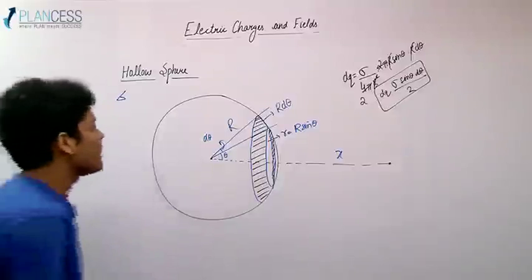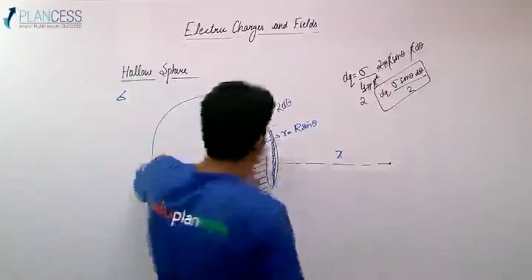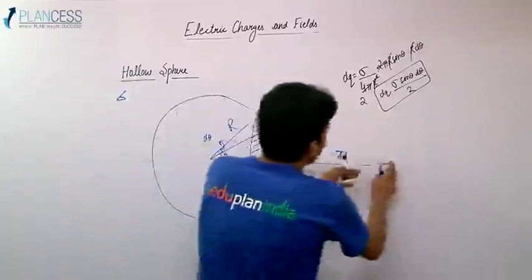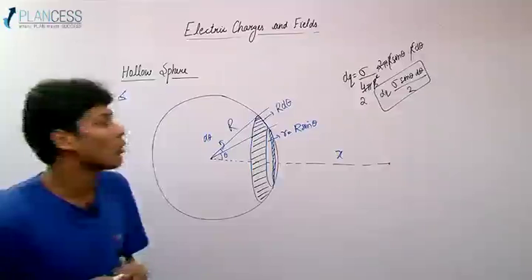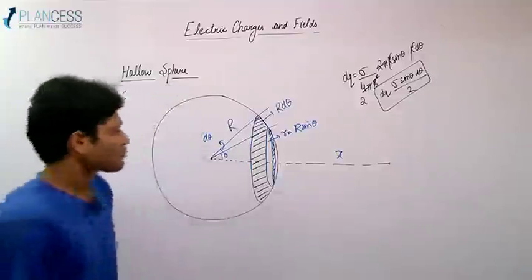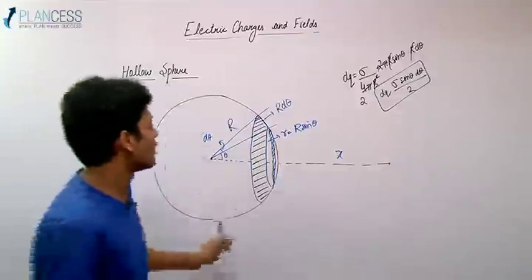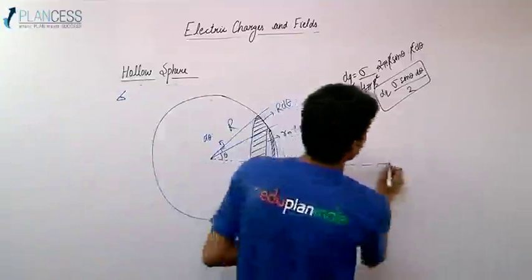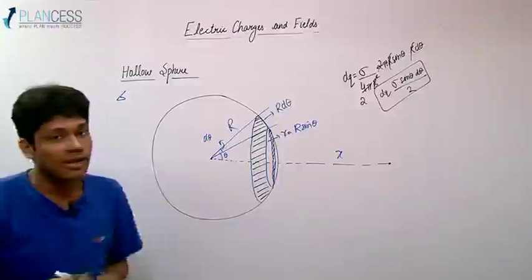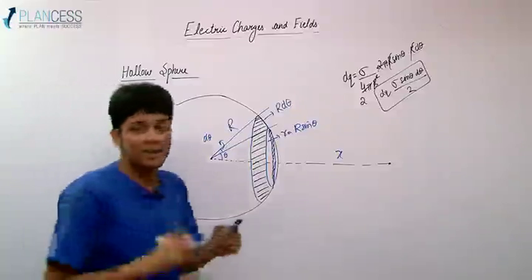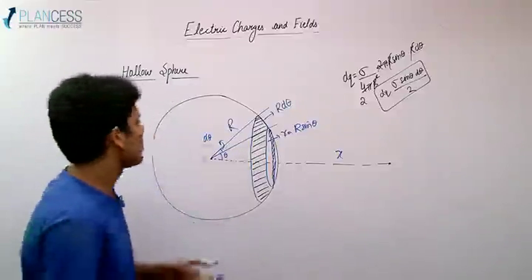Now in a similar way, you can calculate the electric field of this ring, and you can write it as kqx upon (r square plus x square) whole to the power 3 by 2. Then if you proceed with the calculation and substitute the value of dq, you will find that the integration becomes quite big and takes a much longer time to solve.